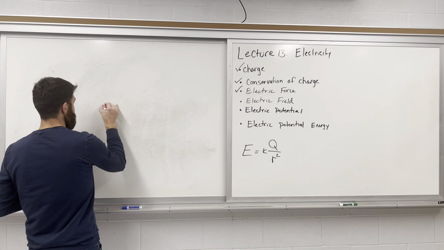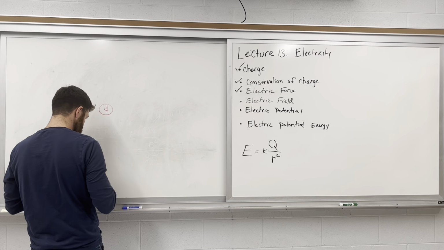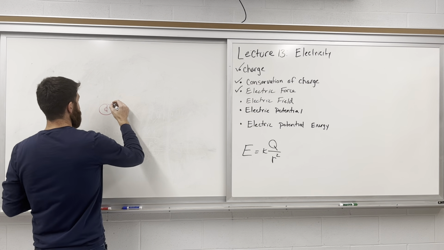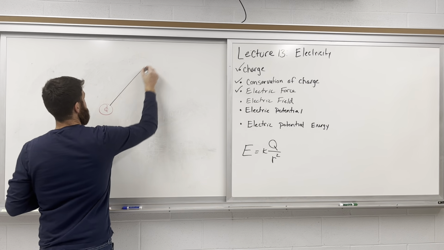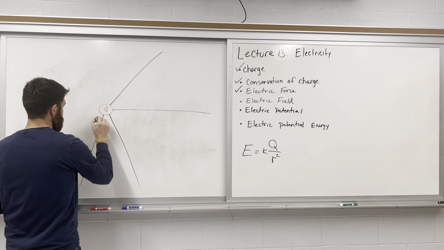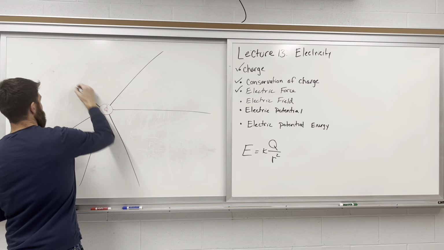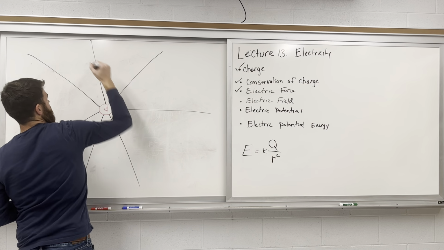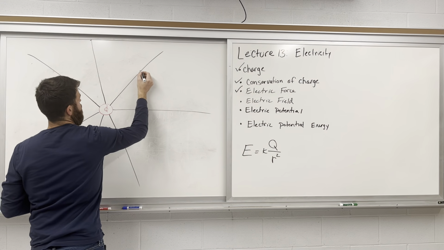So if we have a positive charge Q, we can draw the field lines as radiating directly outward, and we put a little arrow indicating the direction.